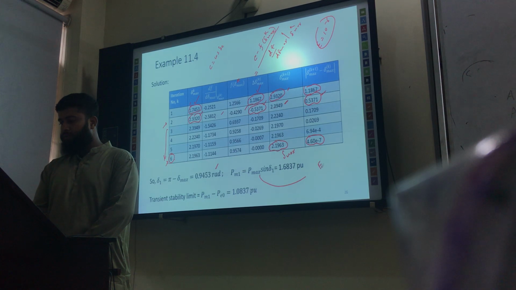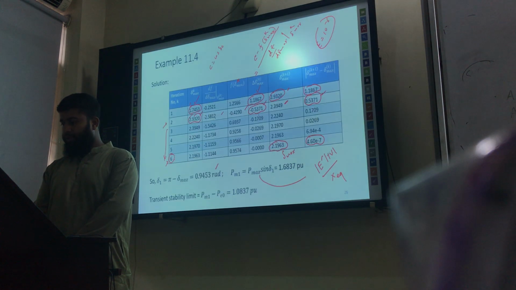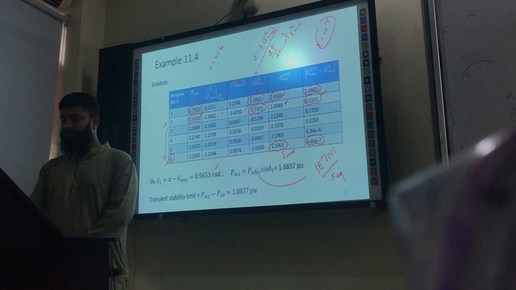It is actually the magnitude of E prime, magnitude of V divided by x equivalent, the transfer reactance. You know the magnitude of E prime, that is 1.35. You know the magnitude of V, that is 1 per unit. And what is x equal to this, right? So if you put all these three values here, you will get the P max. Then you know the delta 1, so you will get the PM1 as this.